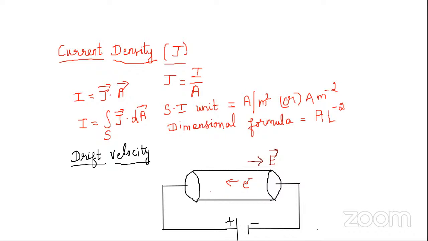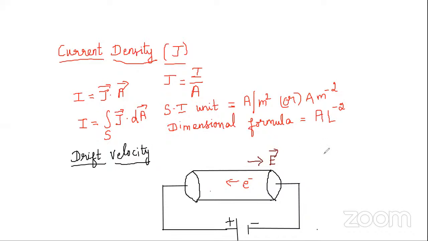After making a lot of collisions with the positive ions inside the conductor, the electrons will start moving with a common velocity. All the electrons, due to the presence of this potential difference, move towards the positive potential, and in the process they collide with the positive ions. After a lot of collisions, the electrons move with a common velocity, and that velocity is called the drift velocity.